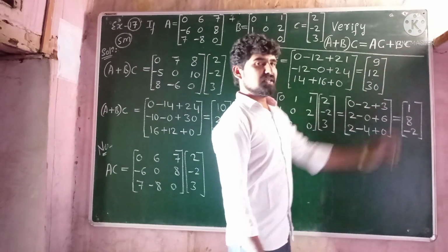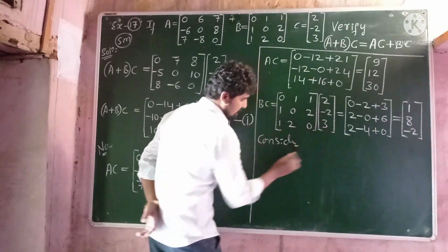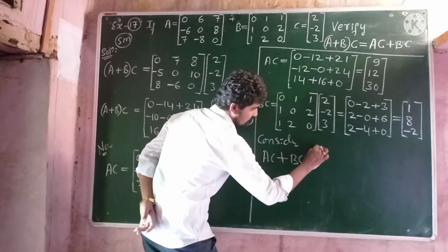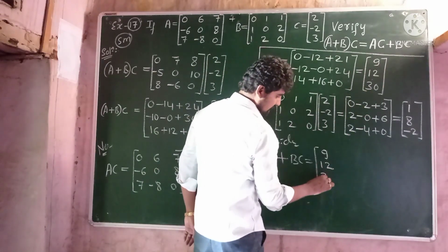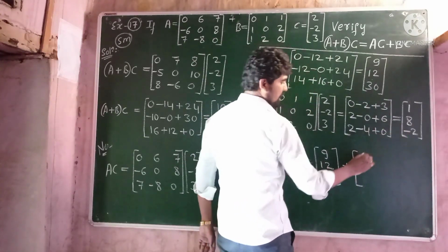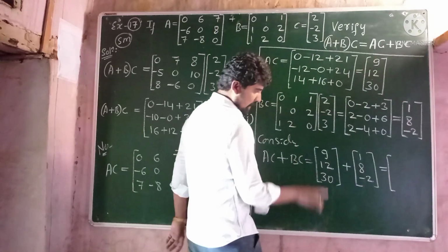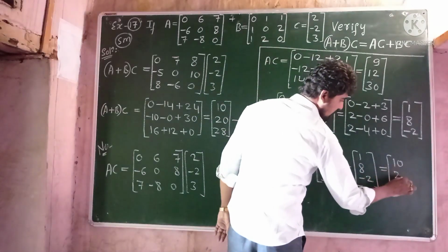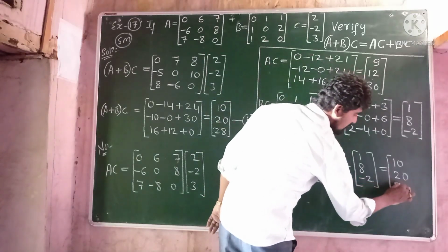Now consider AC plus BC. Consider the AC plus BC matrix, which is equal to: matrix AC is obtained as 9, 12, 30, plus BC matrix, obtained as 1, 8, minus 2, which is equal to 9 plus 1, 10. 12 plus 8, 20. 30 minus 2 is 28.